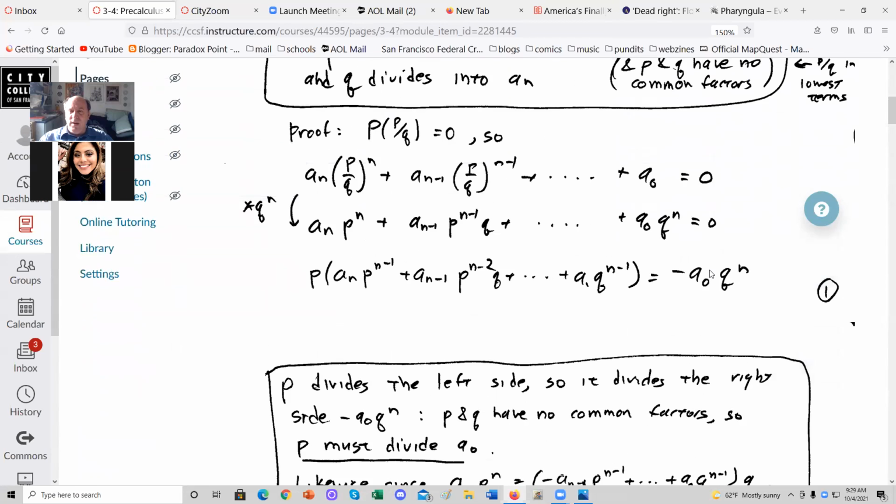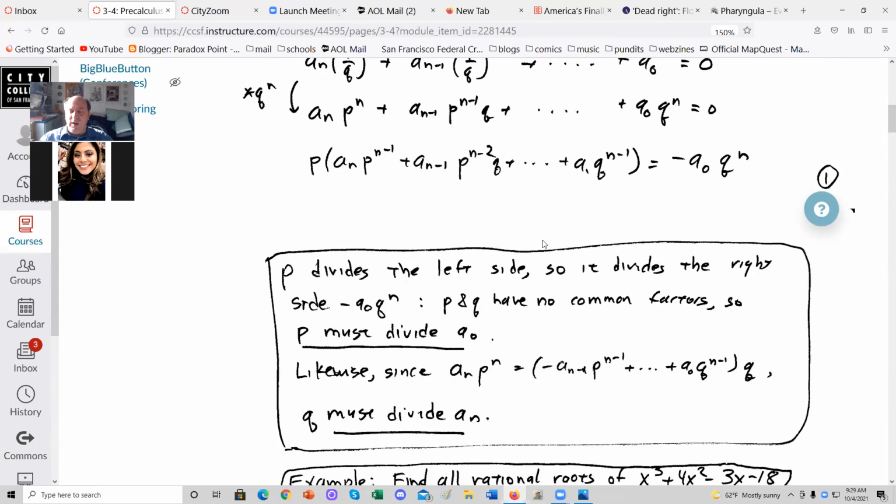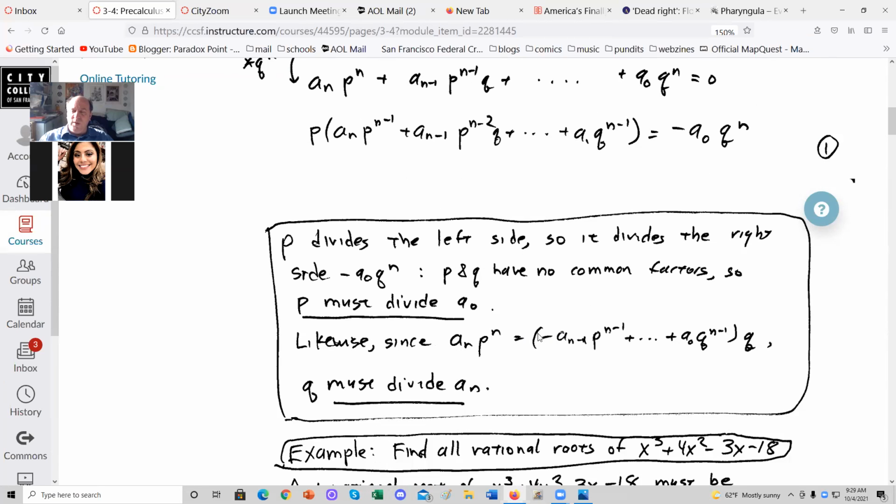And also, if we proceed to transpose all the other terms and pull out a q, we'll get that q has to divide this right side, and therefore it has to divide this left side, and it doesn't divide p, so it has to divide a_n. So p must divide a_0, the last coefficient, and q must divide a_n, the leading coefficient.